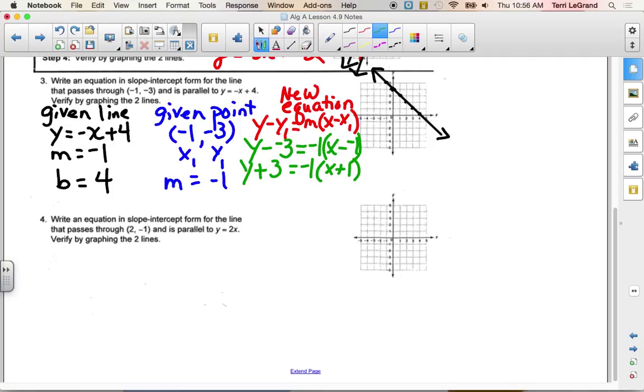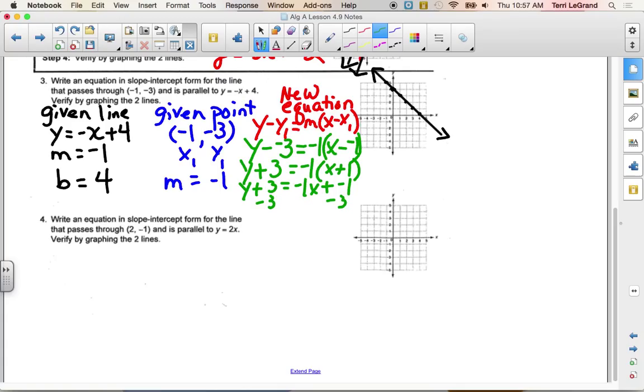Now we'll do our multiplying on the right side. What do we get? y plus 3 equals -1x plus -1. Now we'll subtract 3 from both sides so we can make y equals.